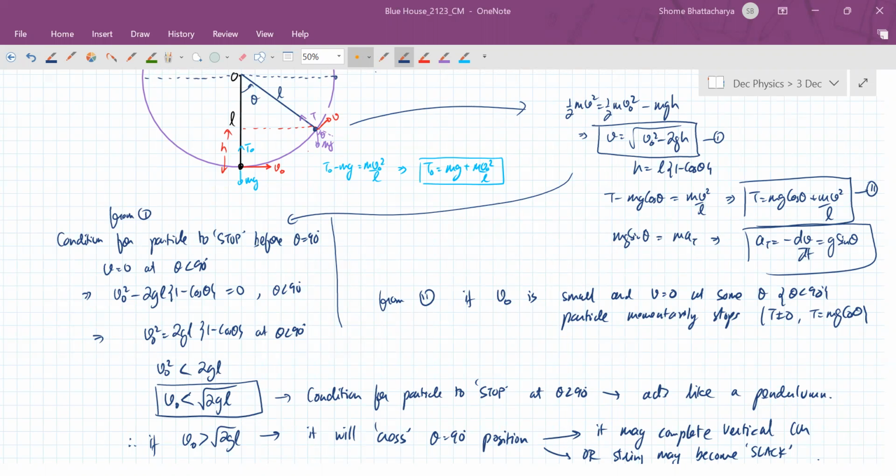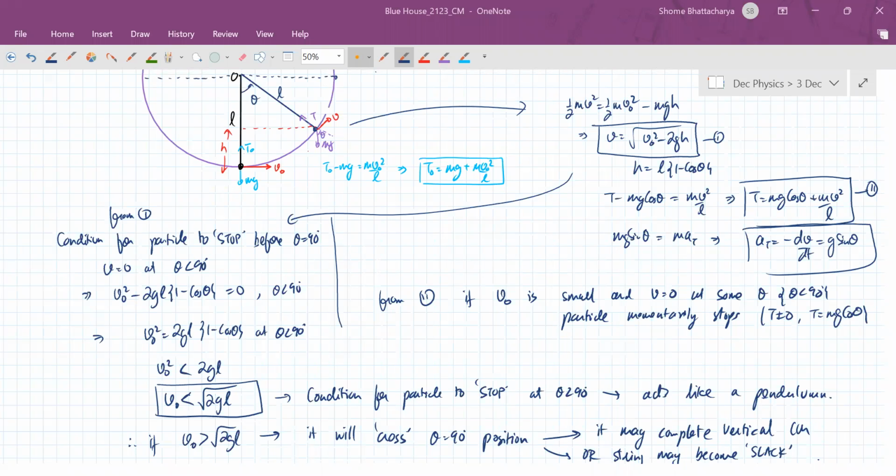But on the other hand, if we give an initial speed at the bottom more than root 2gl, then it's not going to behave like a pendulum. It's going to either complete the vertical circular motion if it has enough momentum and enough energy, or it's going to slacken off. The thread is going to lose its tension and it's going to completely go out of the circular path and fall into a projectile path.